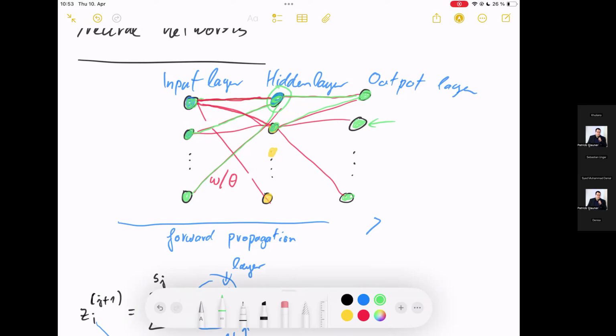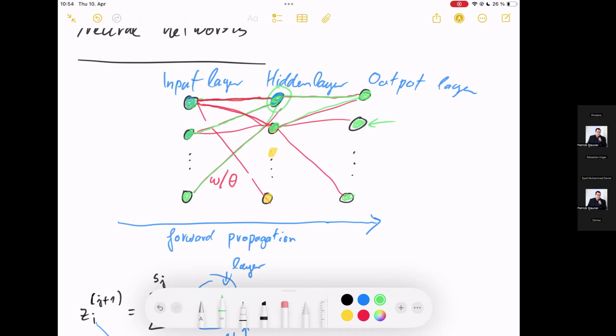If we don't do classification, but regression, then we don't use the sigmoid activation function for the last units. We use the sigmoid function for all the hidden layers, but not for the output layer, because for the output layer in a regression, we want to get a continuous value.